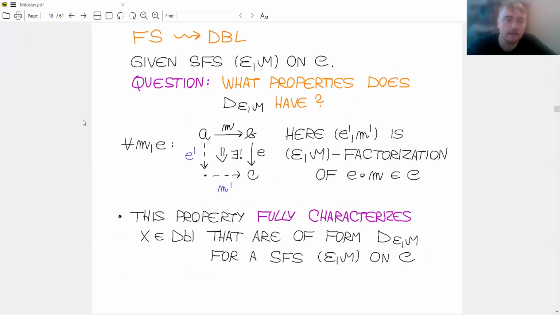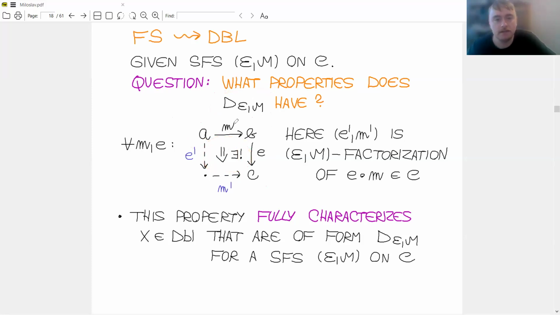Now, given a strict factorization system, let us think about what properties this double category of commutative squares has. It turns out that every top right corner in this double category can be uniquely filled into a square.